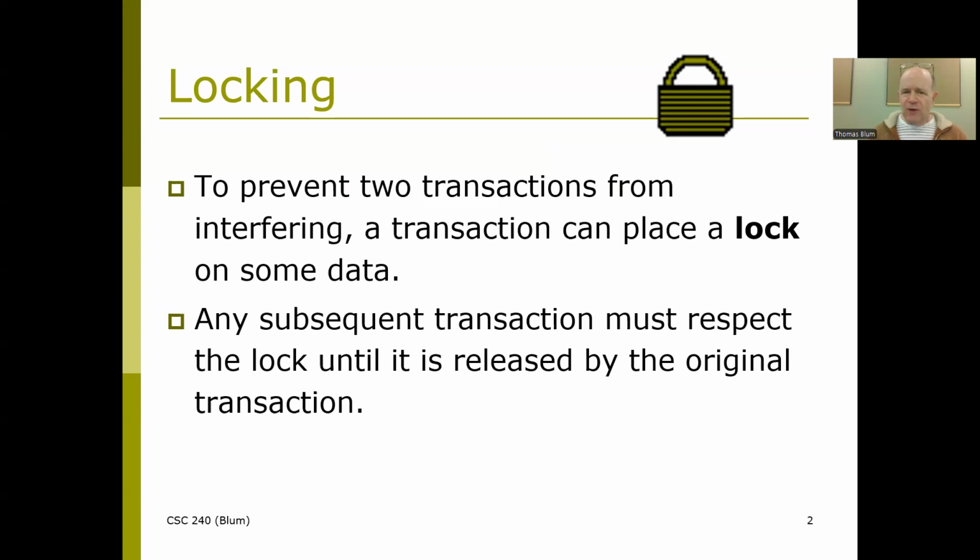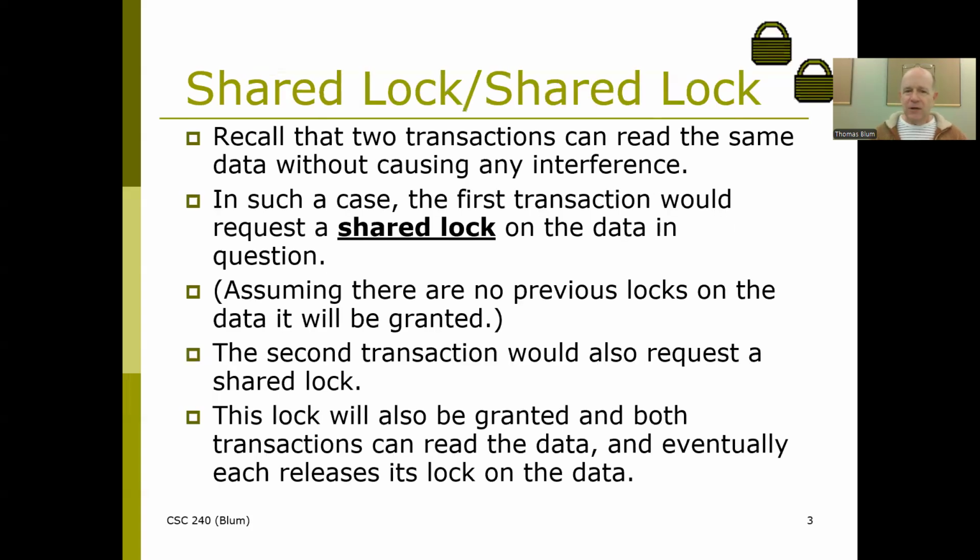So the first transaction will come along and put a lock on the data, and then the second transaction will come along, and when it announces that it wants that data, it will have to see the lock and look into the compatibility of the two transactions. Now we have two basic operations, we'll call them read and write.